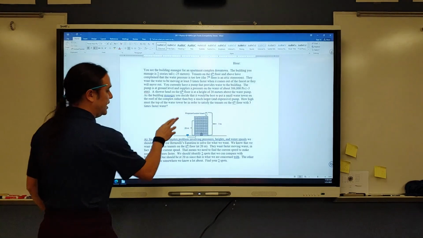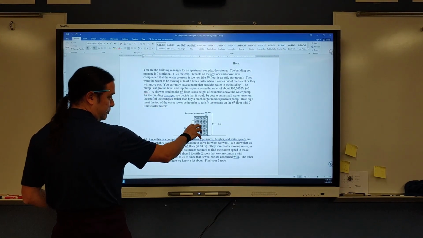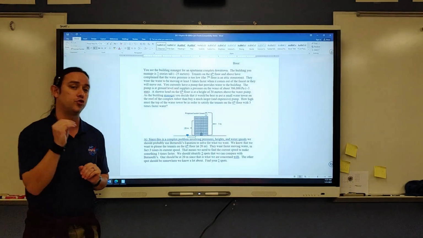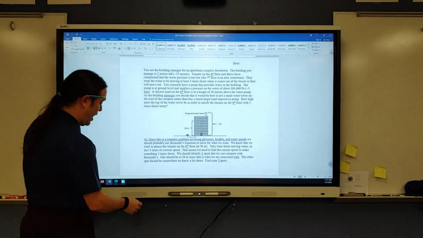But in this case, here's what we want. We want to take our current system, find out what the water speed is, and try to triple that water speed by putting a reservoir up on top of the high-rise building.